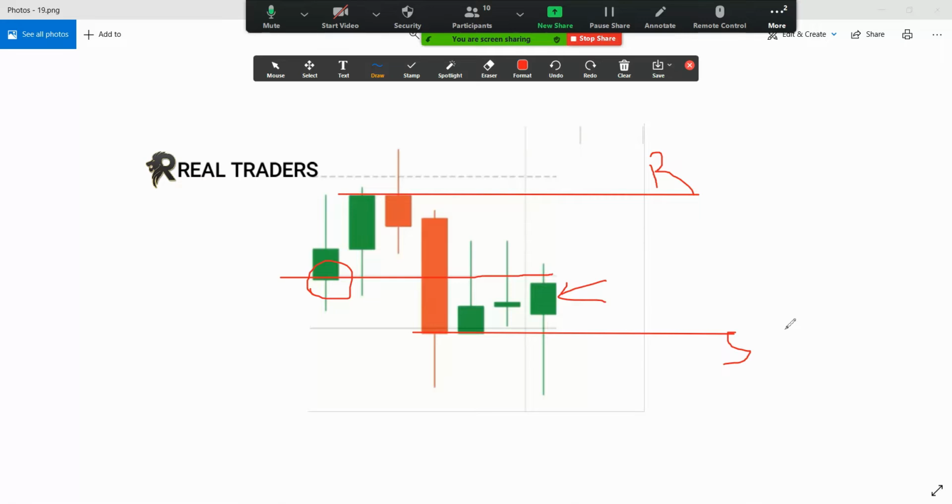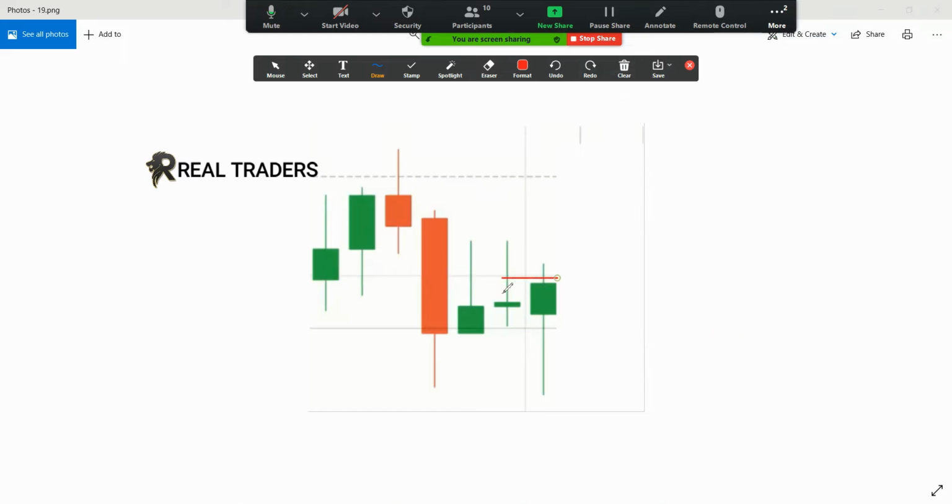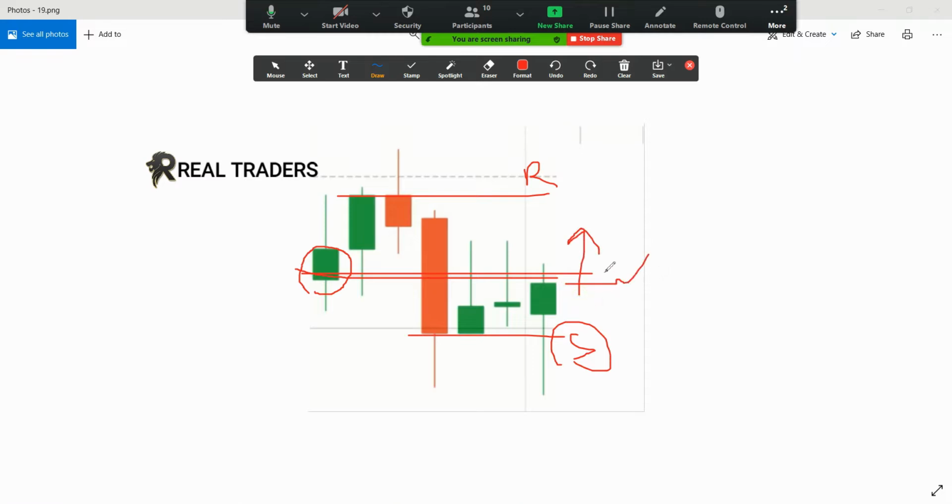So in the middle of the trend, it will continue, and there is a round number we need to check. Here we are seeing a breakout, but I don't know about this one. You need to go back and check this round number also. But with this level, the resistance level is here, the support level is here, and this closing point is in the middle. So we can expect a buyer's entry.